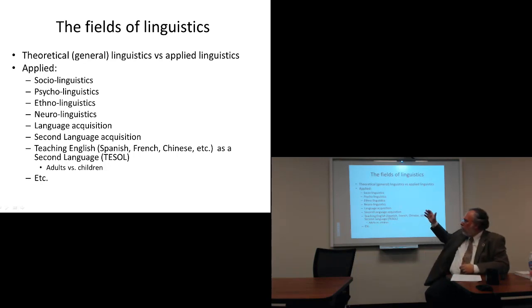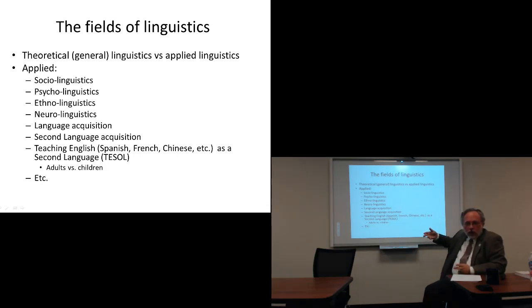I call these hyphenated fields. You have sociolinguistics, which is the application to the study of society. You have psycholinguistics, which is the application to psychology: how do people process sentences, how is language stored in the brain, that kind of stuff.